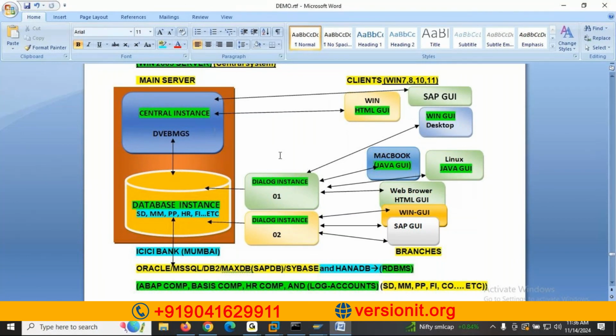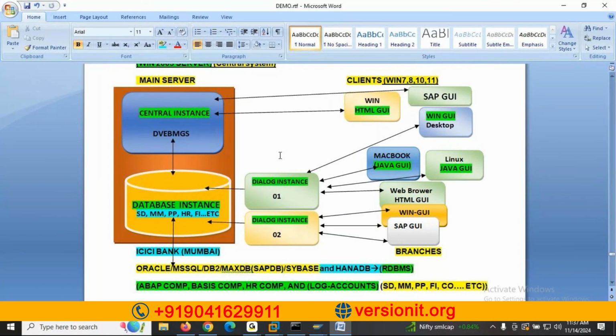Now write down SAP applications. SAP applications are designed to process user requests. The primary application is called the central instance.